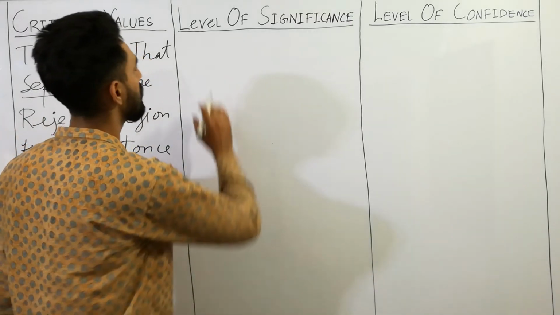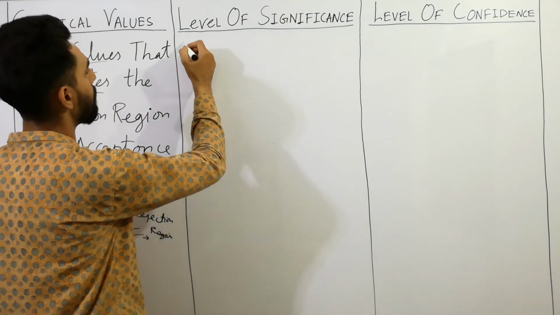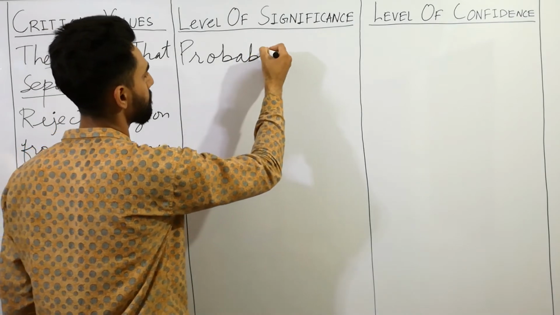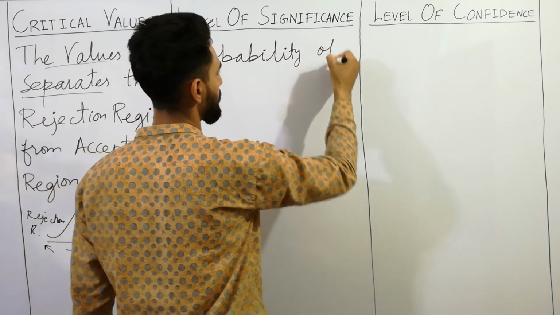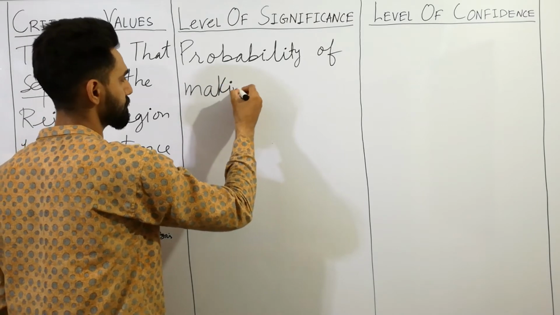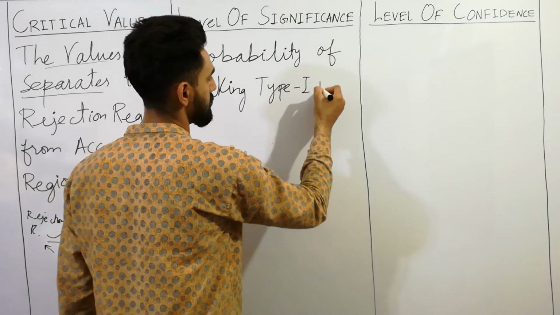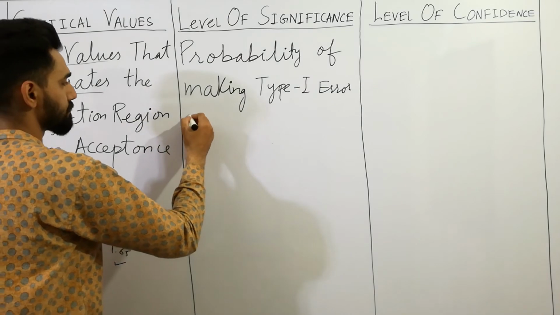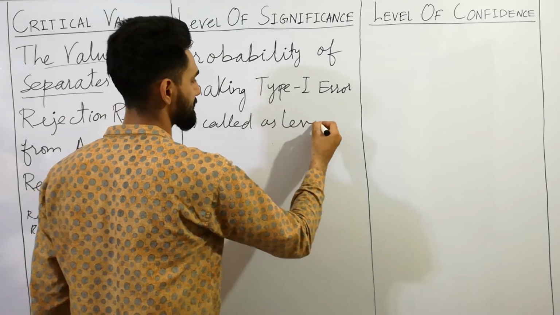Now I'm going to move to the level of significance. What is the level of significance? A very easy definition: the probability of making a type first error is called the level of significance.